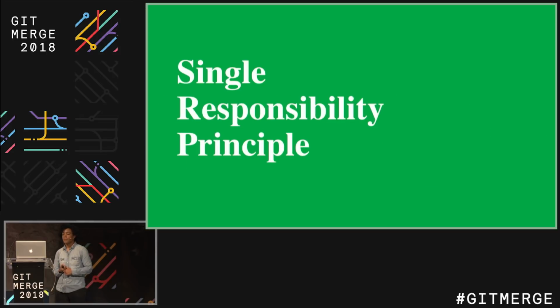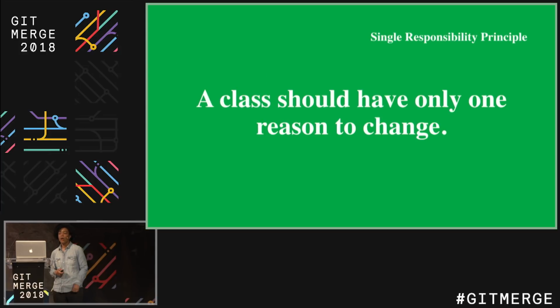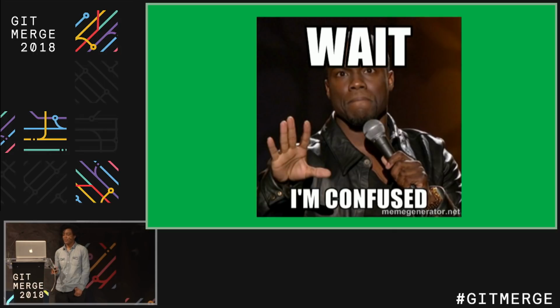So, as I mentioned before, the first SOLID principle is the single responsibility principle, which again means that a class should have only one reason to change. When I hear this, I'm like, wait, I'm confused. I don't know about you, but my classes change for lots of reasons. Maybe there's a new feature to add, or I want to improve some bit of code.